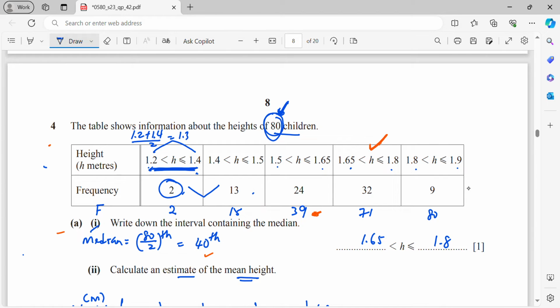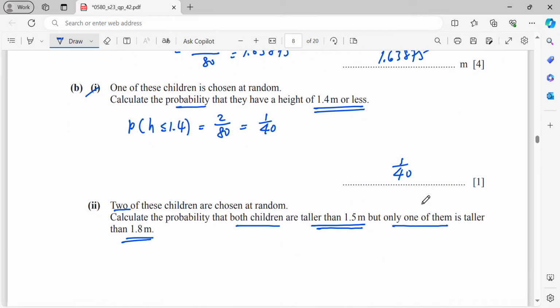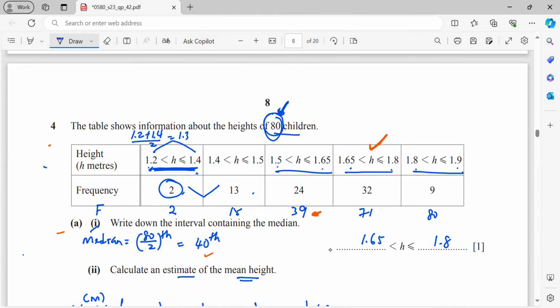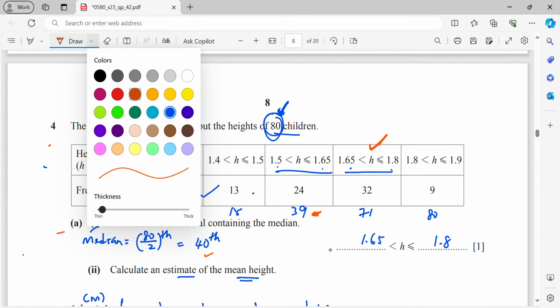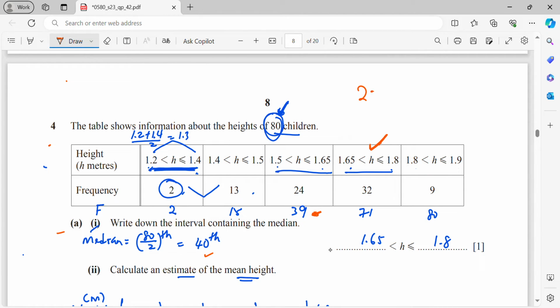Taller than 1.5 will be all these groups. But only one of them is taller than 1.8, which means you have 2 children, both more than 1.5.